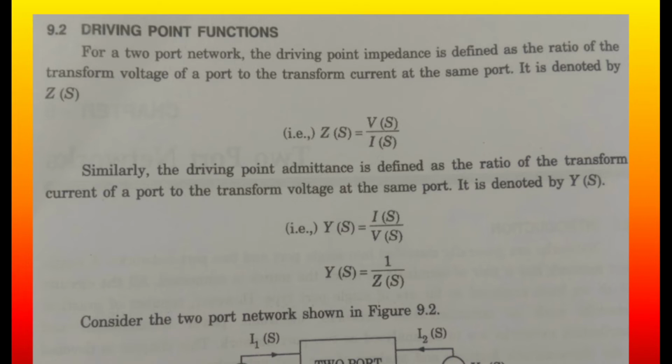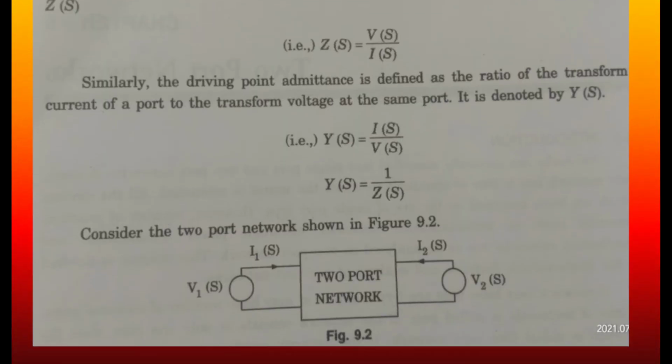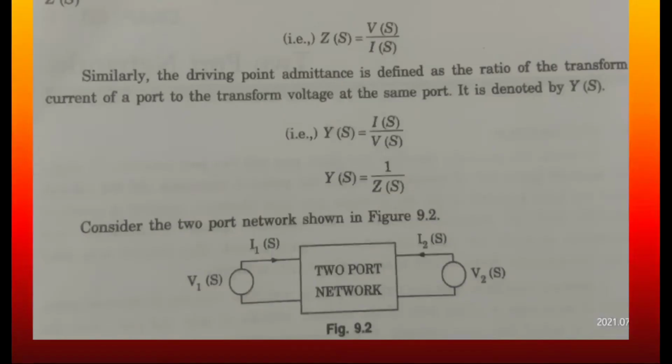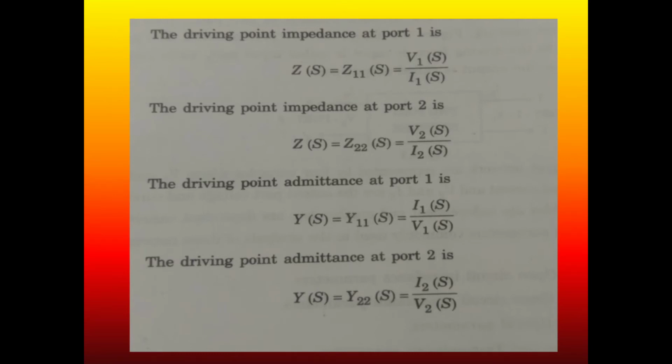Let me see a two-port network. The input current is I1 of S and input voltage is V1 of S. Output current is I2 of S and output voltage is V2 of S. The driving point impedance at port 1 can be written as Z11 of S, that is input voltage V1 of S divided by I1 of S. The driving point impedance at port 2 is defined as Z22 of S, that is V2 of S divided by I2 of S. The driving point admittance at port 1 is defined as its inverse.